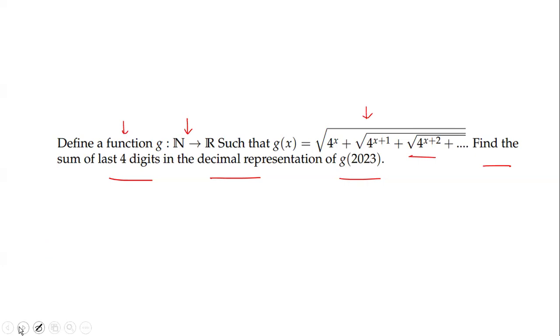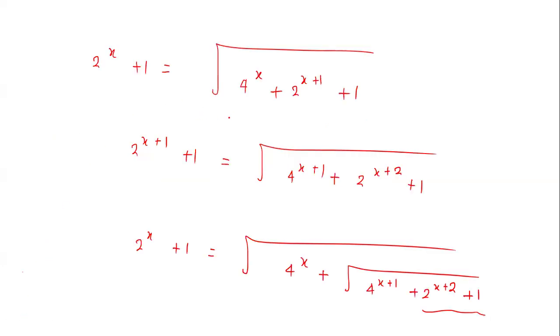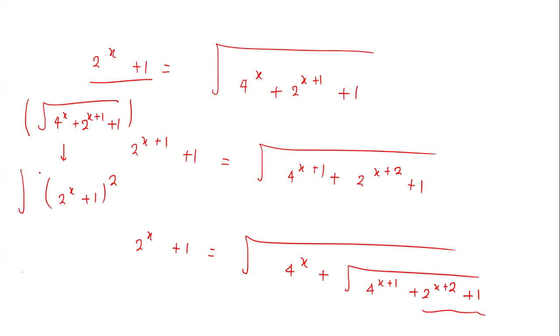So let's see how we can solve this. There is one trick: if I have 2 raised to power x plus 1, then I can write it as root of 4 raised to power x plus 2 raised to power x plus 1 plus 1. So it will become 2 raised to power x plus 1 whole square, and the square root of that.